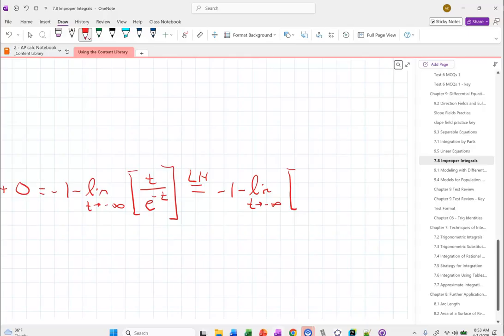So what's the derivative of t? 1. What's the derivative of e to the t? Negative e to the negative t. Right? That's a chain rule.